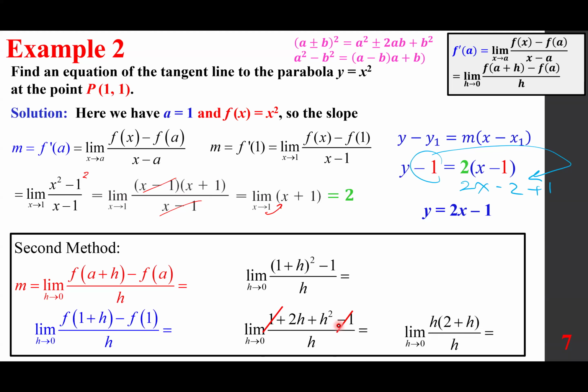We can factor the h out from the top, and therefore we can drop the common factor of h. And now, if I plug in h equal to 0, I get the same answer as expected. So I have the slope, and of course I don't do this again, but you get the picture.